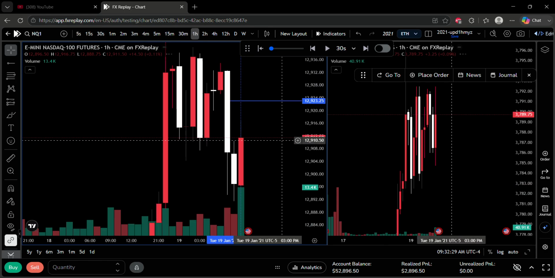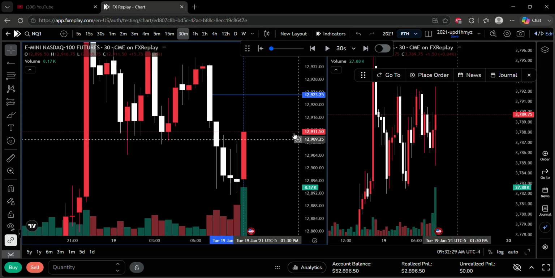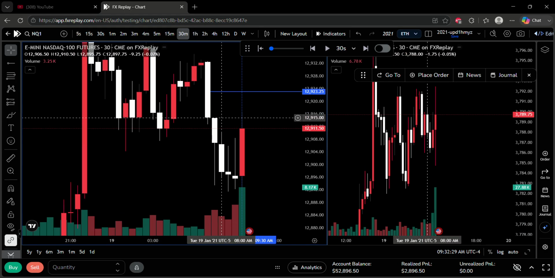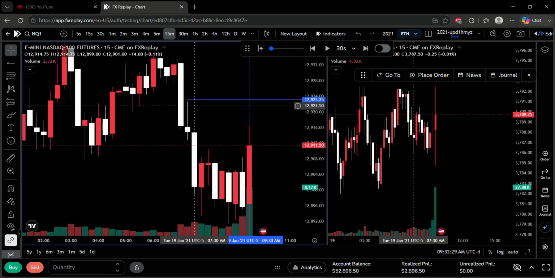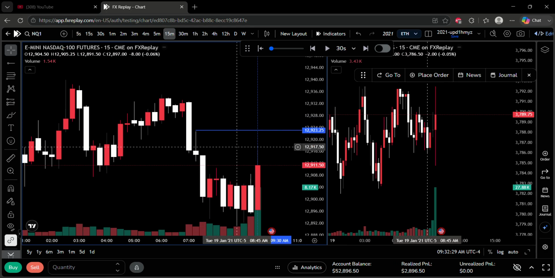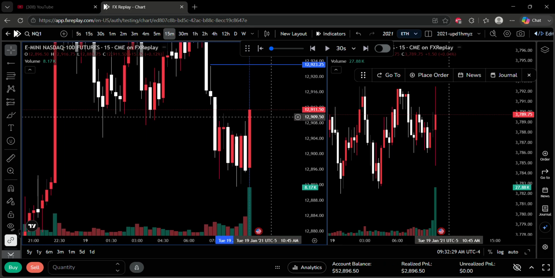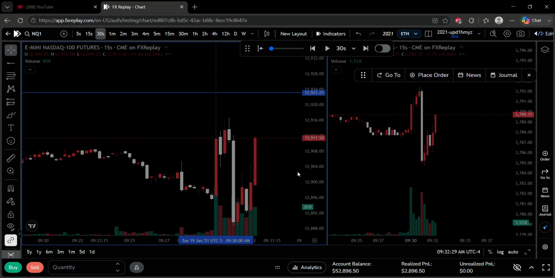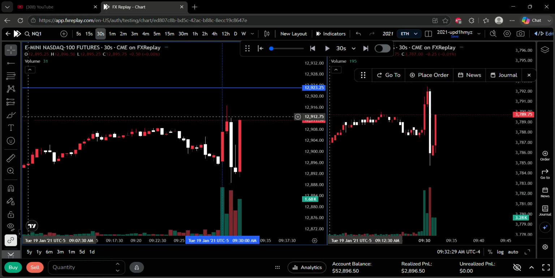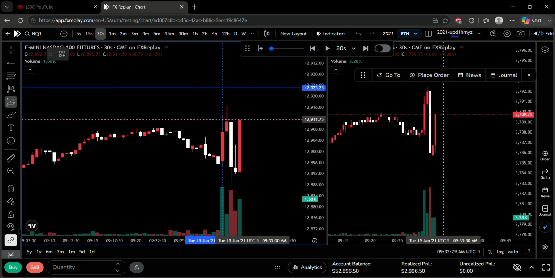The draw on liquidity here is this high up here. This long 15-minute unmitigated, and we have buy side above. So we are targeting high resistance as our break-even point, but it's perfectly fine.